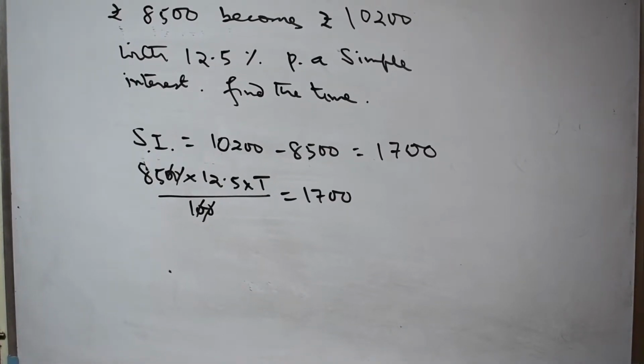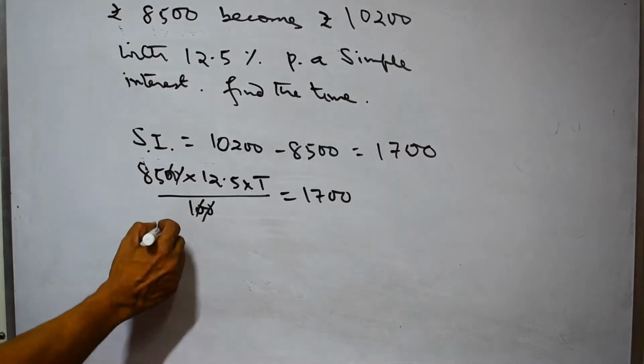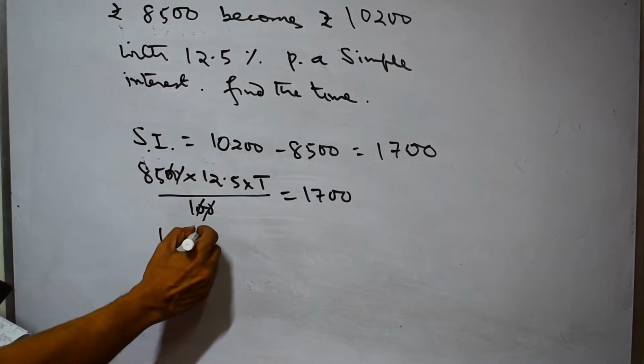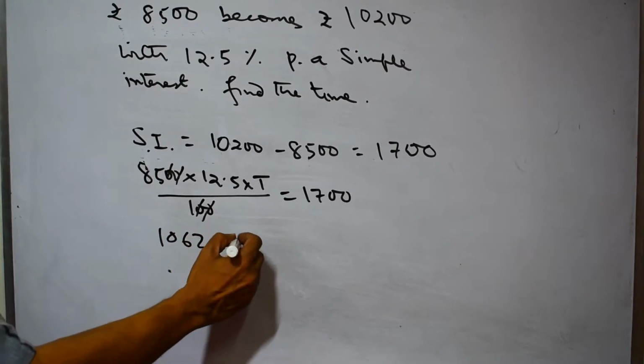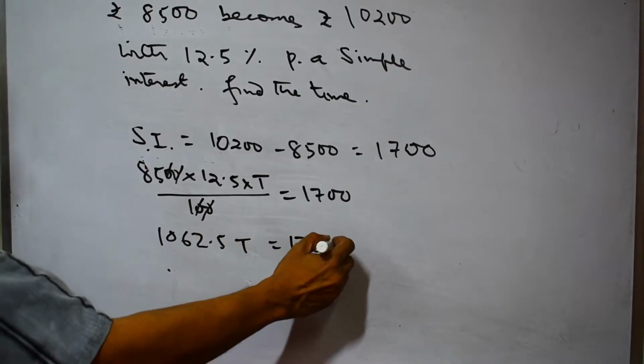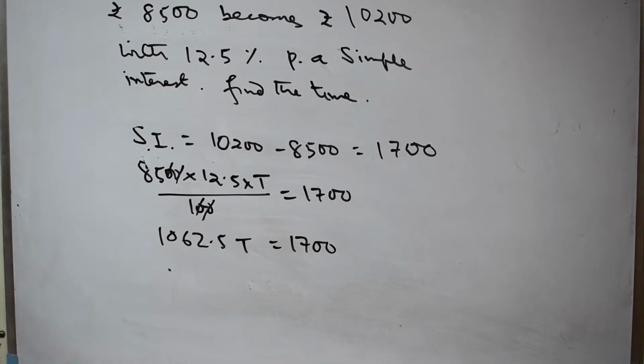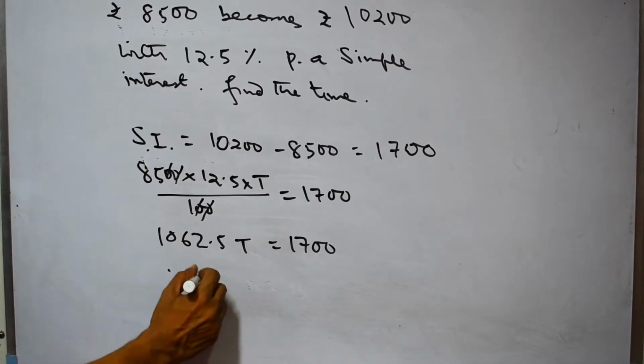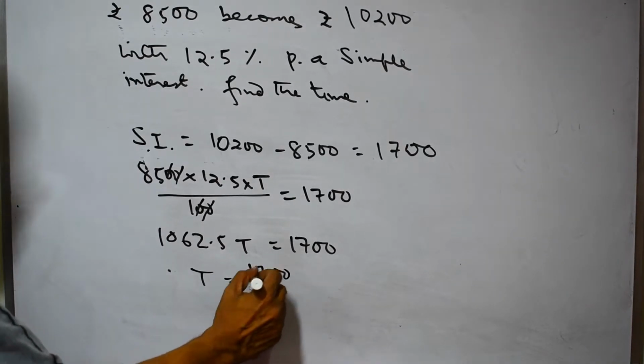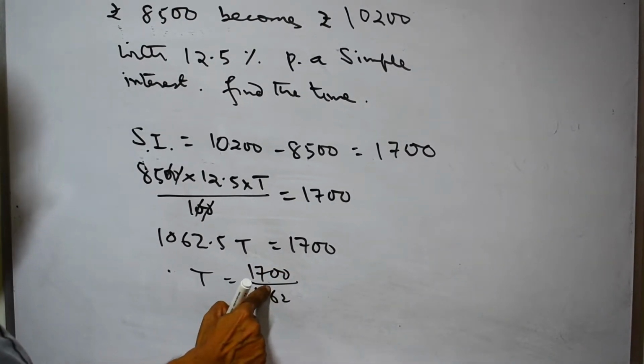It comes to 1062.5 T equals 1700, and then dividing it, our answer will be 1700 by 1062.5.